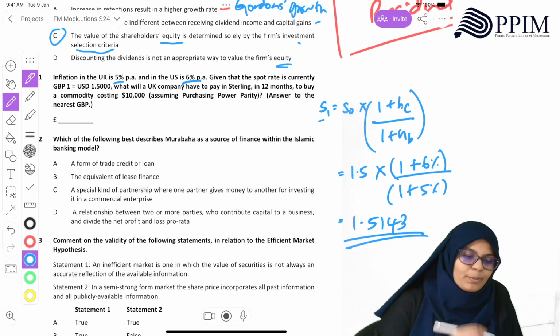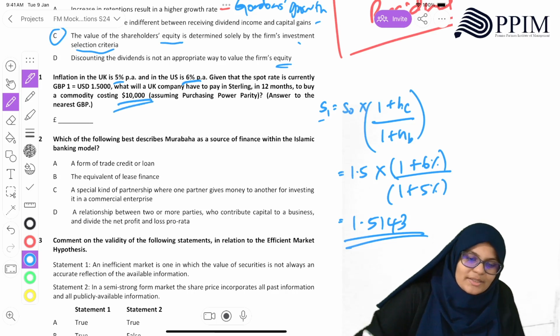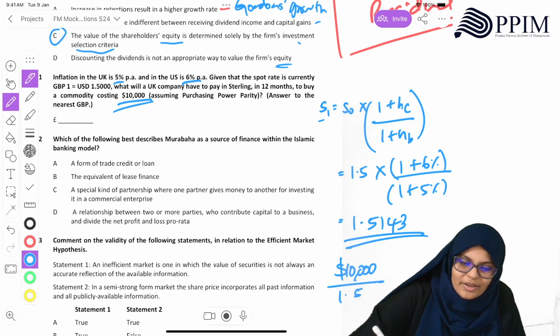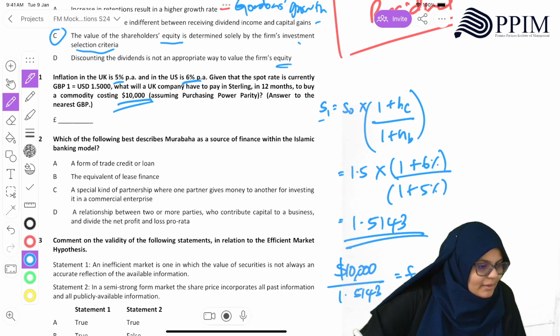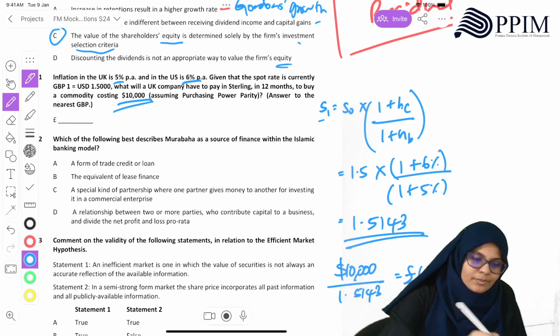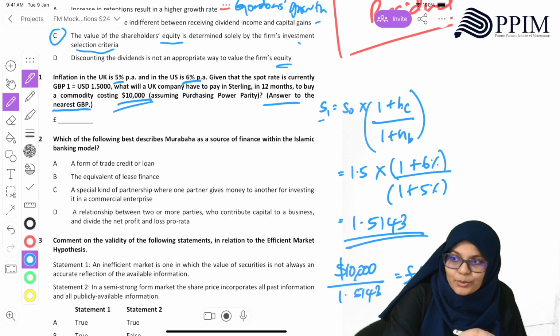So if I have to pay $10,000, how much will that be in pounds? It will be 10,000 divided by 1.5143. So in pounds, I will end up paying about 6,600. Here also be careful, they are saying answer to the nearest Great British pound, so you don't have to put decimals.